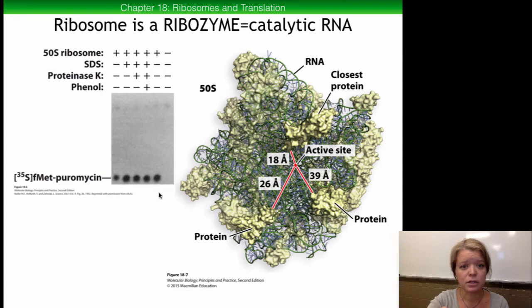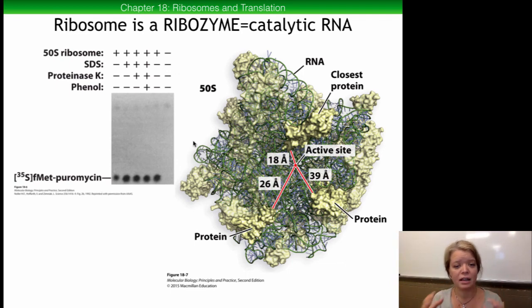This is a product showing that the first methionine was incorporated. You can see that if you add the ribosome, as well as SDS, which has unfolded all the proteins, the proteinase K, which has digested the proteins, and the phenol, which has extracted all the hydrophobic, hard-to-get-to proteins from this 50S ribosome, it is still able to catalyze the formation of a peptide bond.